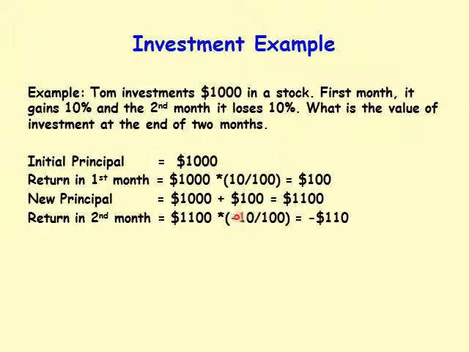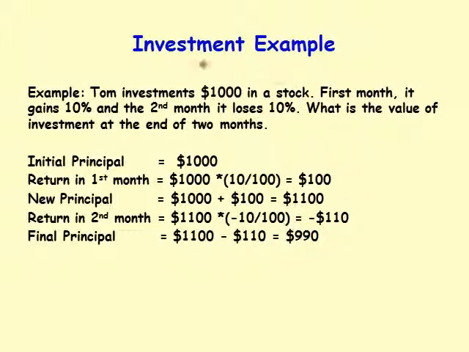So 1100 times negative 10 divided by 100 is negative $110. Final principal, which is the final value: the initial principal was 1,000, the value was 1100 at the end of the first month, and we lost $110. So 1100 minus 110 is $990.